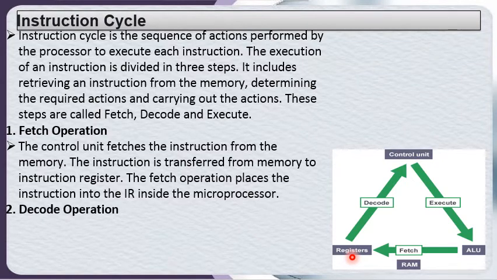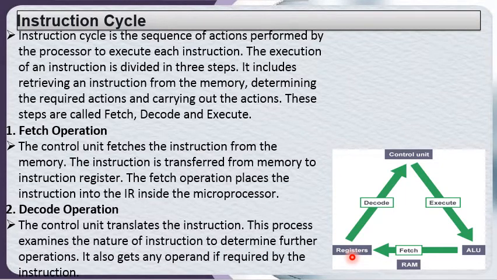The next step is the decode operation. Whenever these instructions come inside the register, the next phase is to examine the nature of the instruction, that is, what operation is required or what the instruction means. So the control unit translates the instruction which has been fetched and is inside the register.